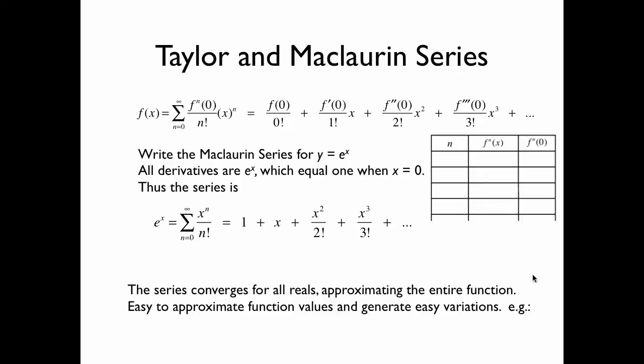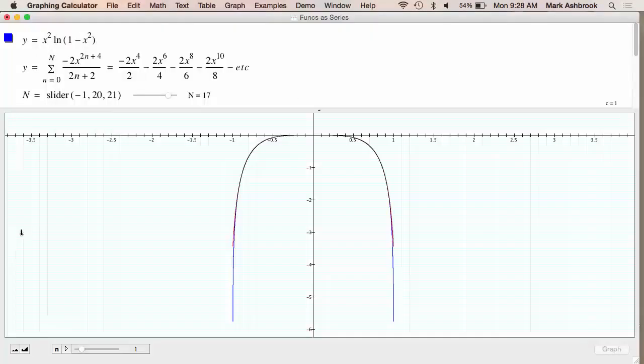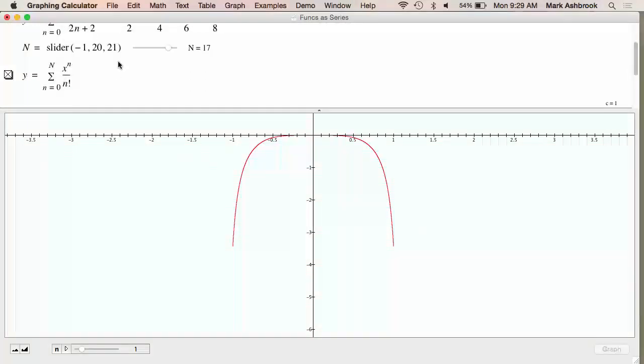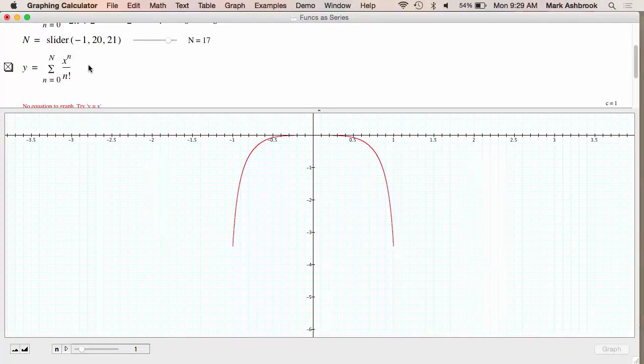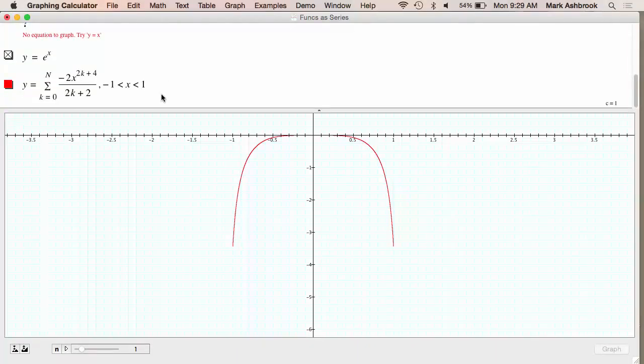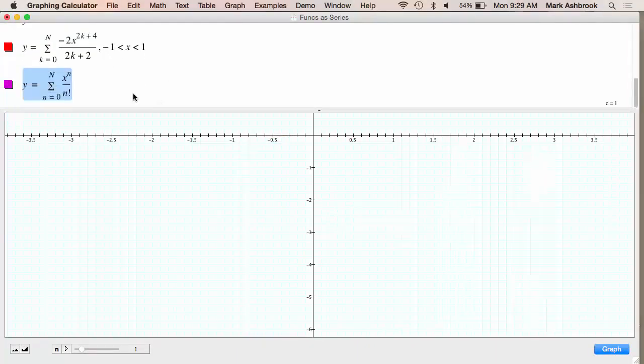Come back to that. So let's go back to our graph. Okay, I was almost ready.